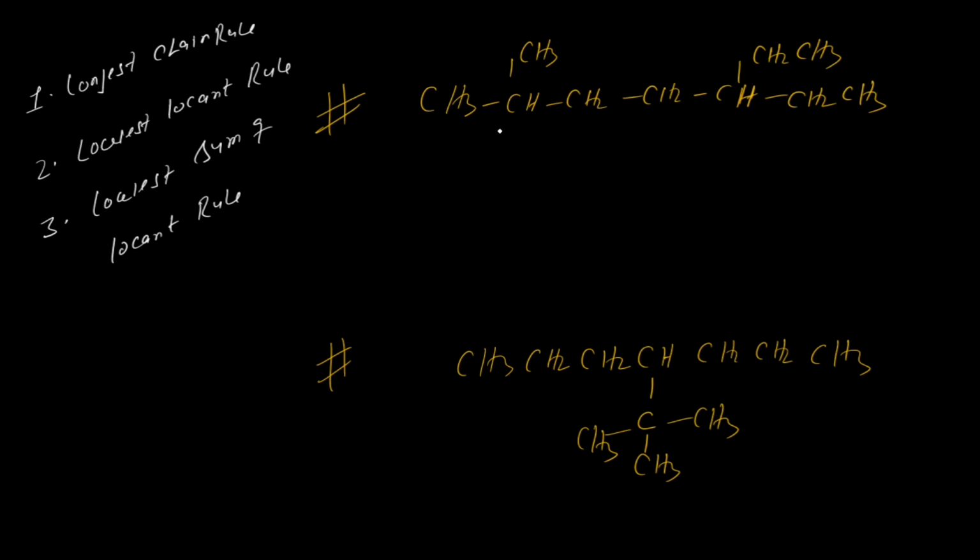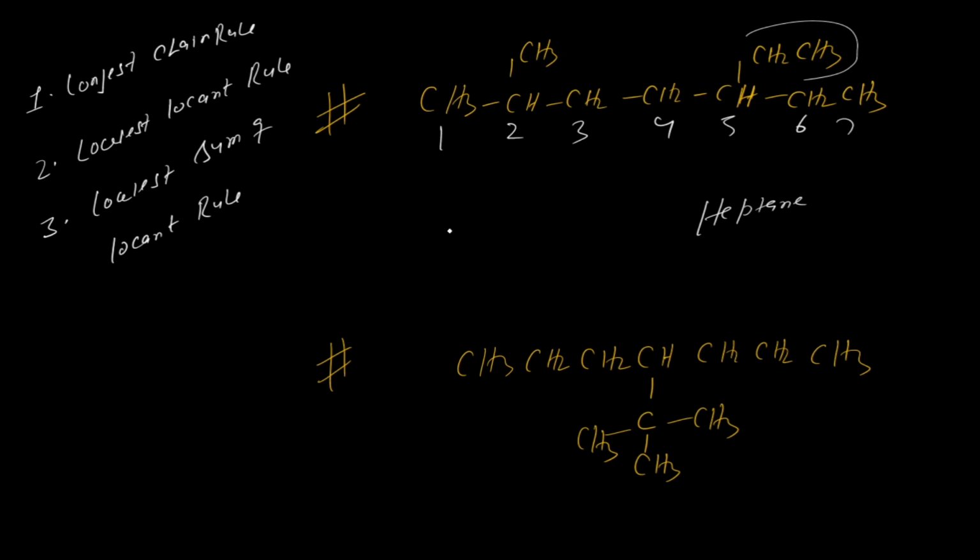Let's take the example of this compound. We will start from this side: 1, 2, 3, 4, 5, 6, 7. 7 carbons is heptane, so we write heptane over here. Now at second position this is methyl, and at fifth position you have ethyl.